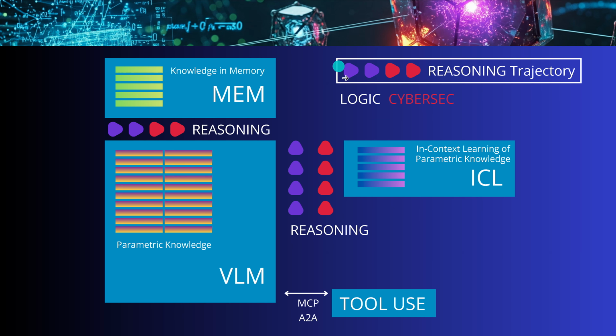But of course, in a reasoning trajectory, if you have chain of thought or anything like this, you also have multi-modal reasoning structures. Let's say the first is for a large language model and the second is for a vision language model.